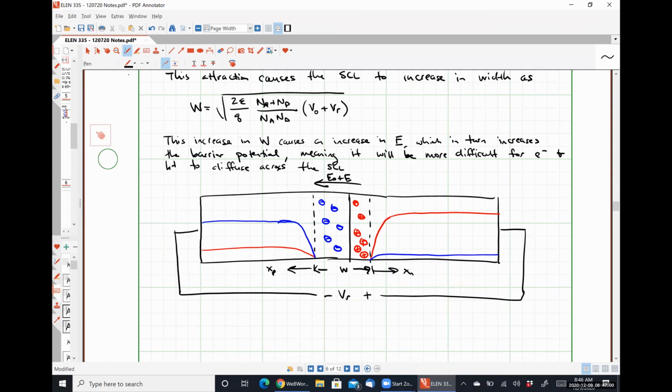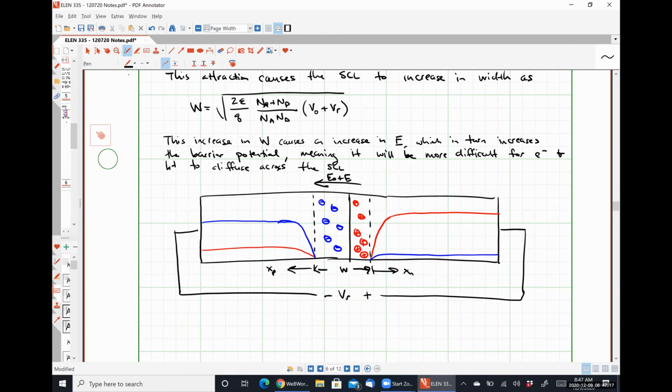Now we're going to see effectively that electrons can diffuse into the space charge layer and holes can diffuse into the space charge layer. And it's because this is a very strong field, right?